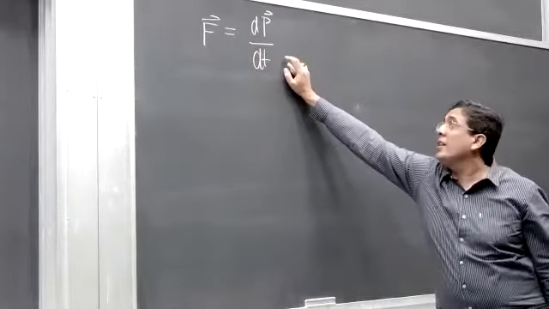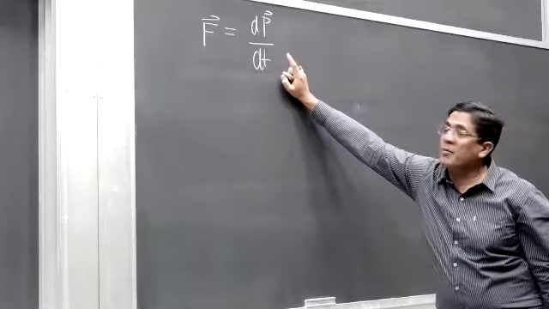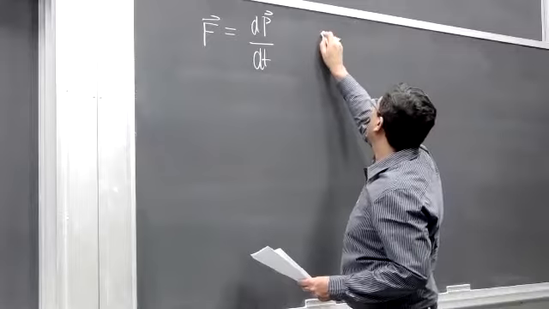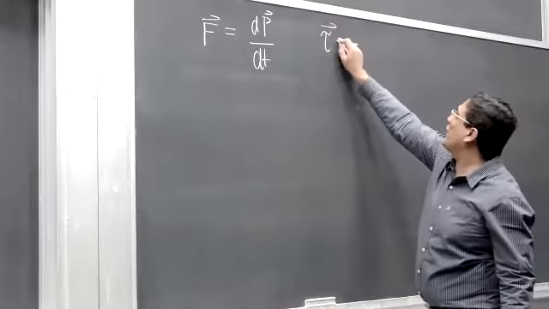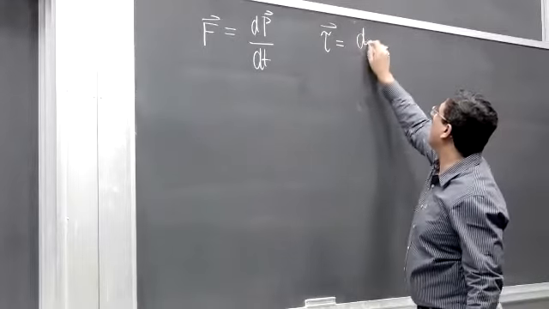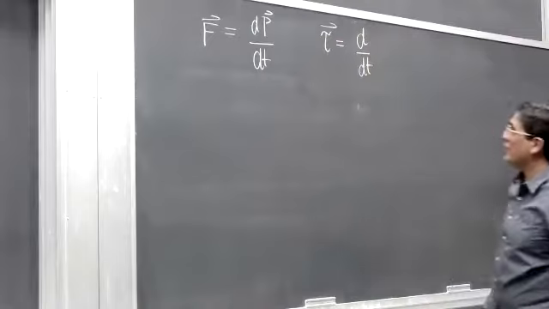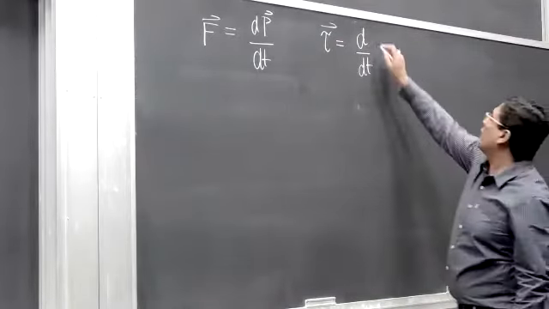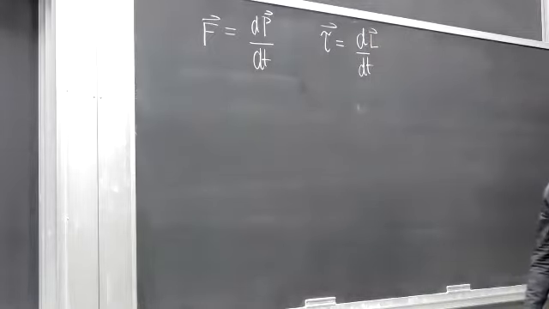This relationship we did, right? The time rate of change of linear momentum is equal to force. Now we have the agency that causes rotation, and we have to find an equivalent quantity whose time rate of change is equal to torque. Let's say that quantity for now I denote with L.